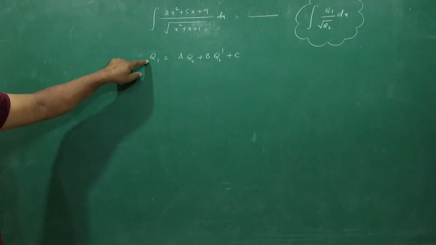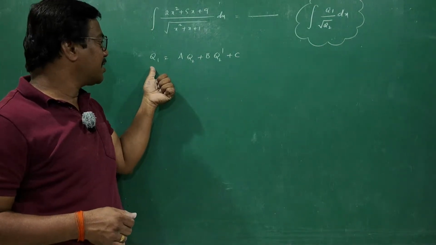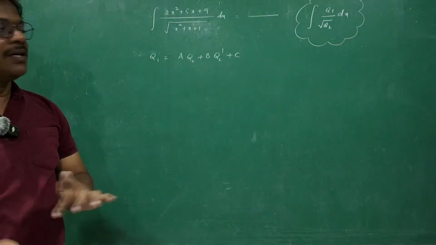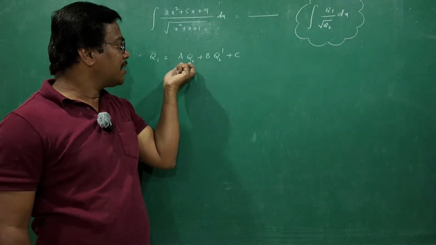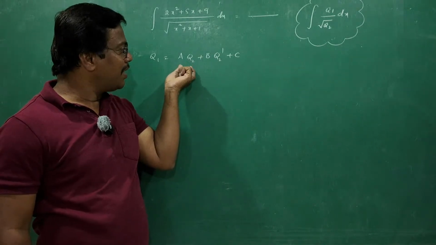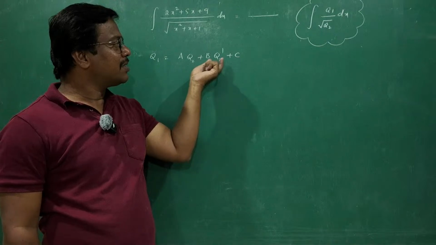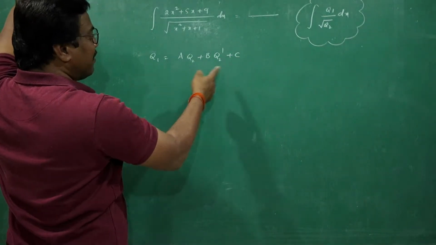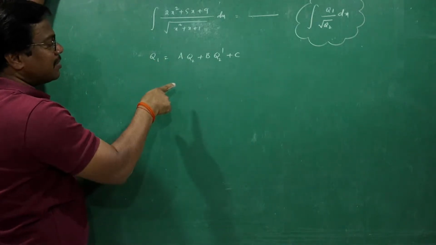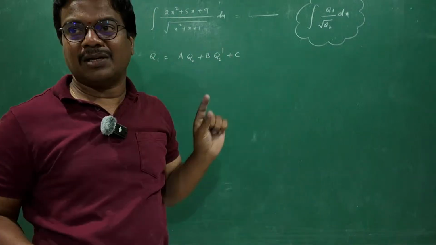Any quadratic expression, suppose there are 2 different quadratic expressions, one quadratic expression can be written as a combination of a second degree quadratic expression along with its derivative, plus some constant. Here the aim is to write q1 in terms of q2, that's all.